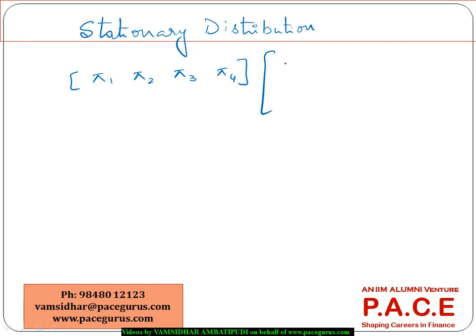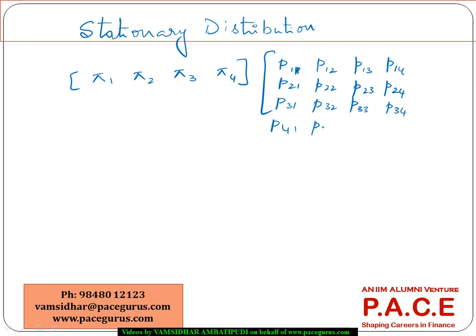Then you take the transition matrix: P11, P12, P13, P14, P21, P22, P23, P24, P31, P32, P33, P34, and P41, P42, P43, P44. Now I multiply these two and equate it to pi 1, pi 2, pi 3, pi 4.